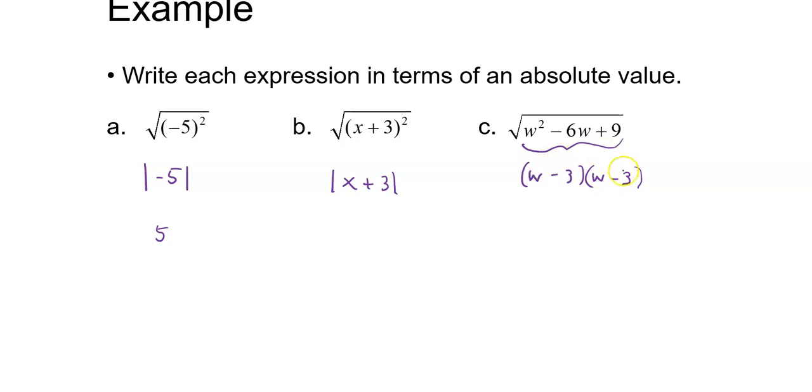I get a w squared. Minus 3w is minus 6w. Negative 3 times negative 3 is 9. So basically, I've turned this problem into the last problem with a minus sign and a different color ink. Okay. Square root of w minus 3 squared becomes the absolute value of w minus 3. The square root of something squared is the absolute value.